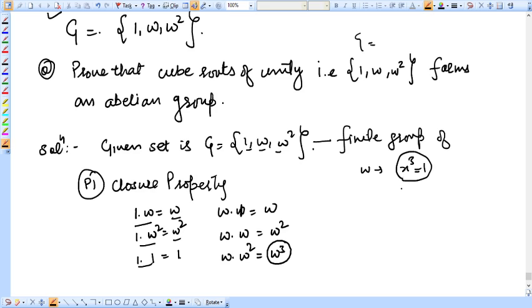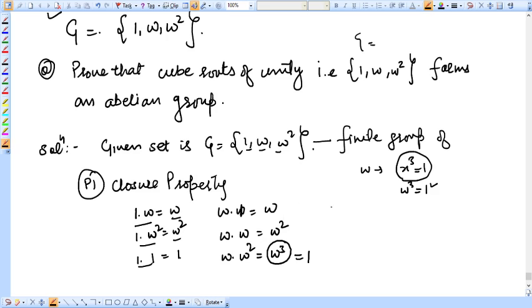So this implies omega satisfies this equation. So omega cube must be equal to 1, because omega is the root of this equation and must satisfy it. And 1 is part of G.